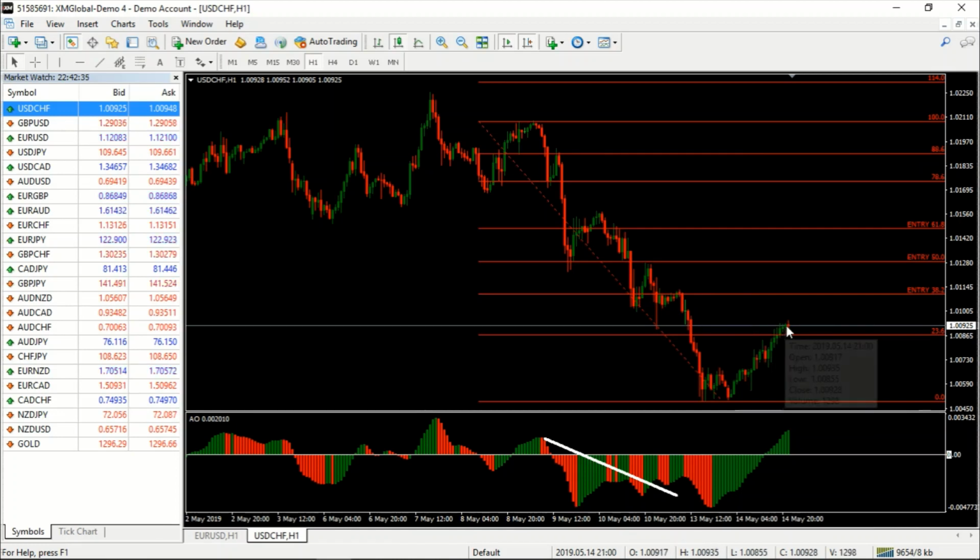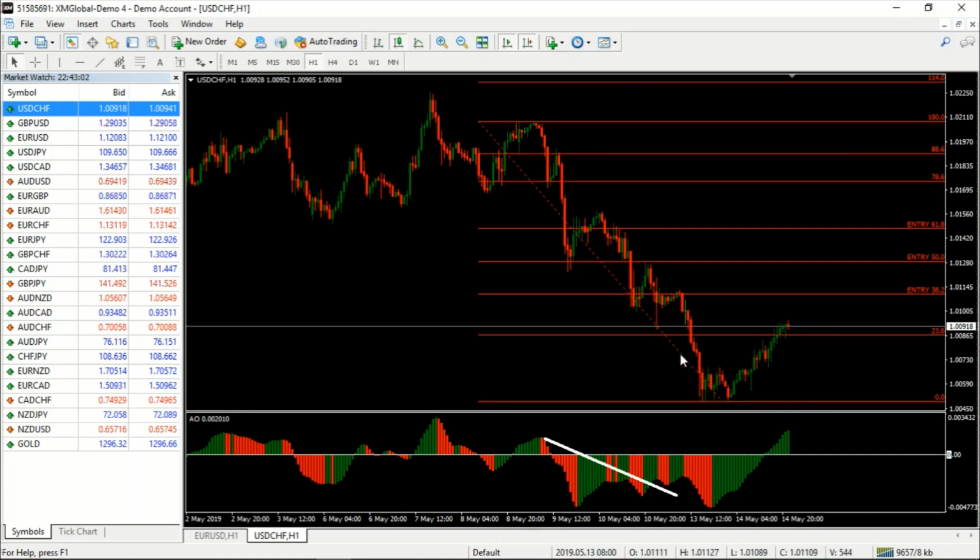So the market will most likely rise towards the 38.2 level, whereby we will again look for a reversal pattern to see if there are any opportunities to sell. But as you can see over here, there is an opportunity to buy as well to the next support and resistance level. So that is how we use our Fibonacci tool with Bull FX.